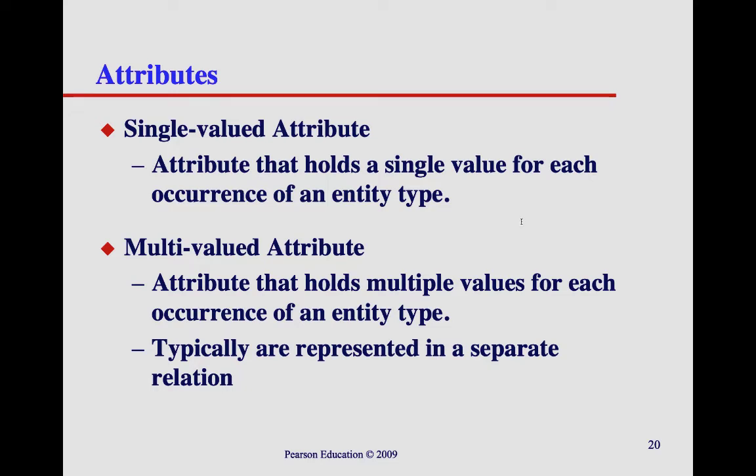Okay, normally, so for example, children, because we can have one or more children, you would probably have a separate child relation with the staff number and then identifying information about the child, say first name, last name, date of birth.